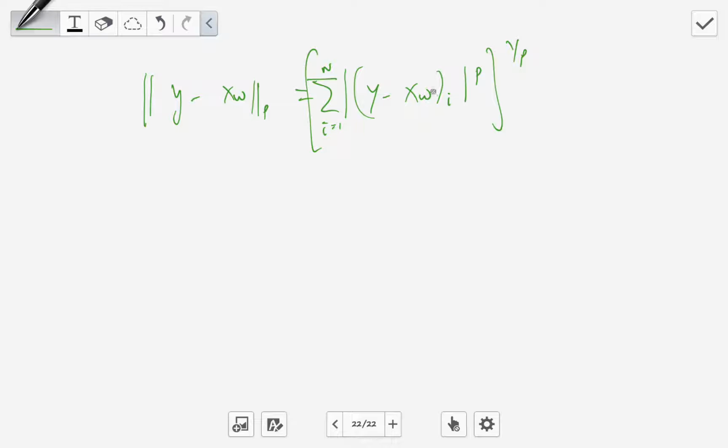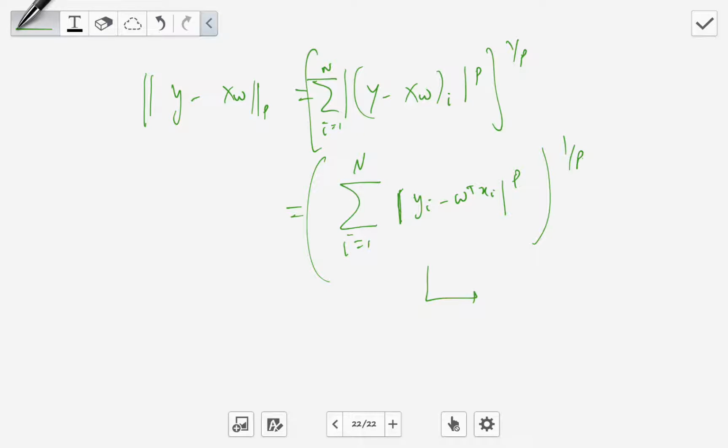Each ith element of this is yi minus w transpose xi, so the sum over i equal to 1 to n of the absolute value of yi minus w transpose xi, to the power p.